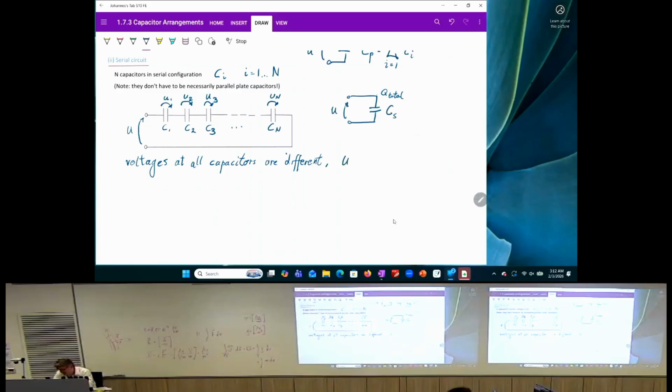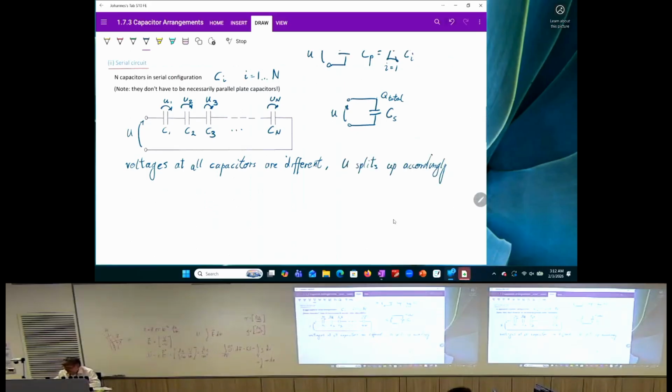So U splits up according to the capacitance values of C sub I. But in general, we have that U1 is not equal U2, it's not equal U3, and so on, and is not equal Un, and this all is not equal to U.